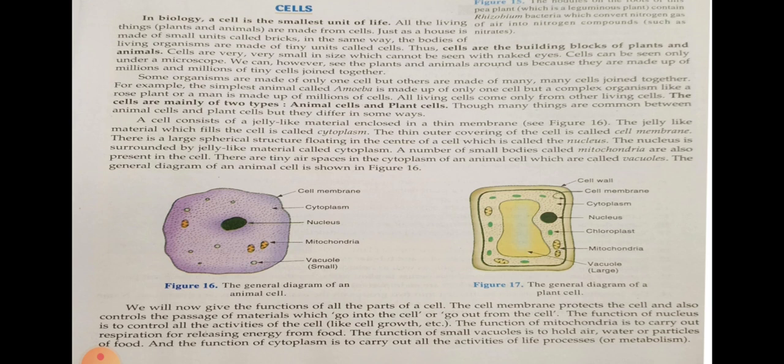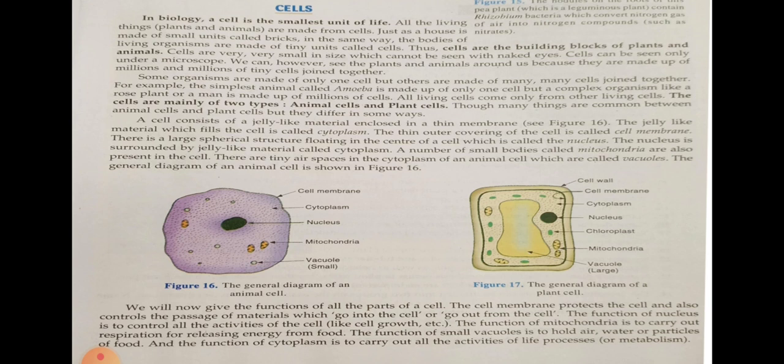The plants and animals around us are made up of millions and millions of tiny cells joined together. Some organisms are made up of only one cell, but others are made up of many cells joined together.